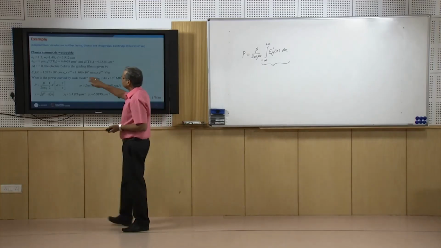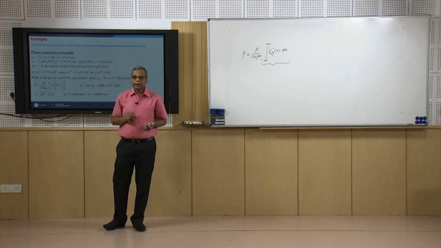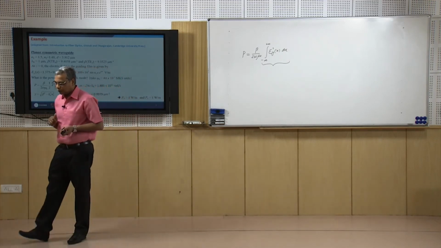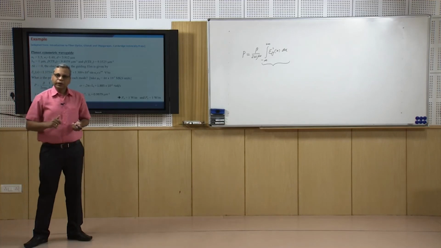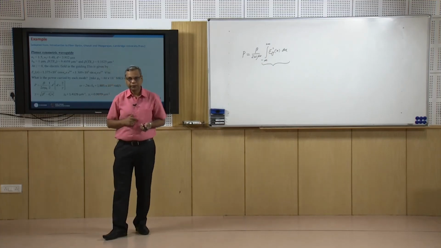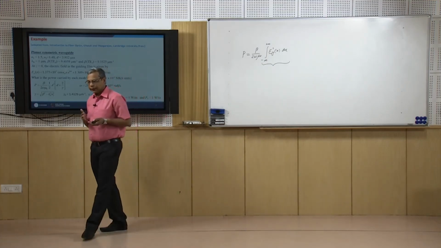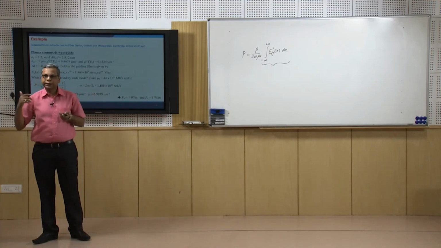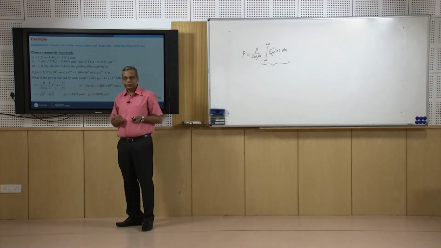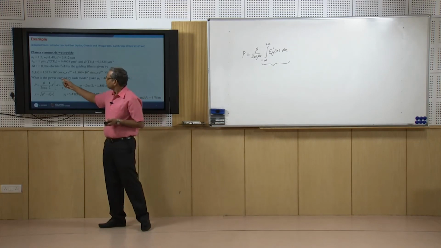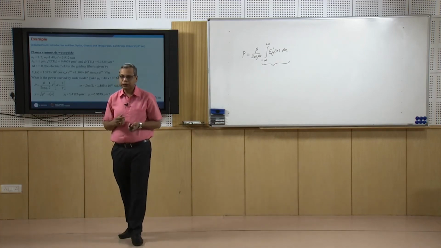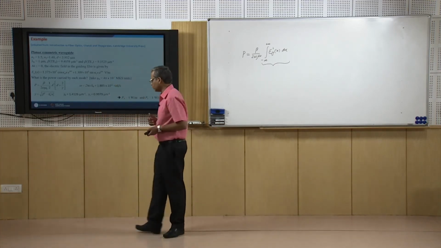When the amplitudes are adjusted in such a way, they are power normalized. You remember that when we found the modal fields, we had retained A only and related C to A and said that A can be found by normalization. This is one way of normalization, that you find the value of A in such a way that the modal field carries unity power. So, these are power normalized modes.